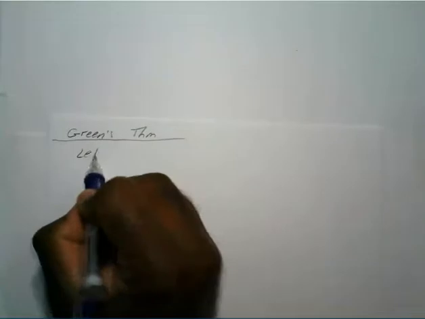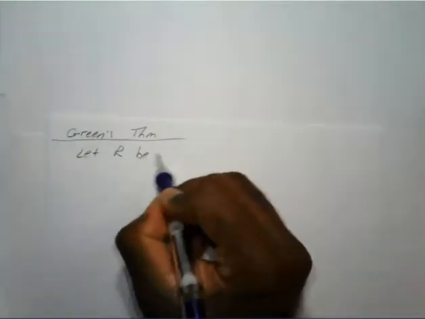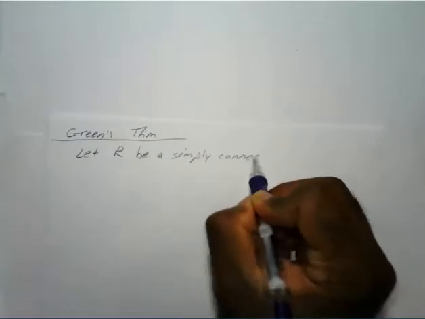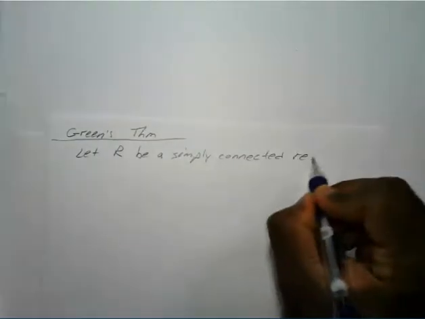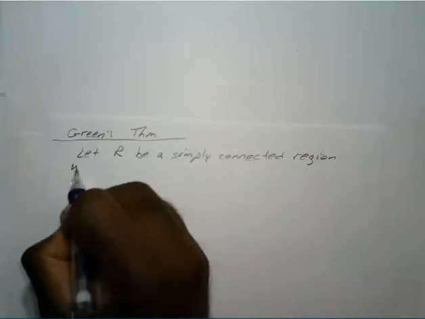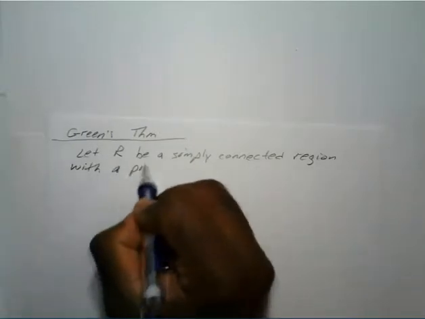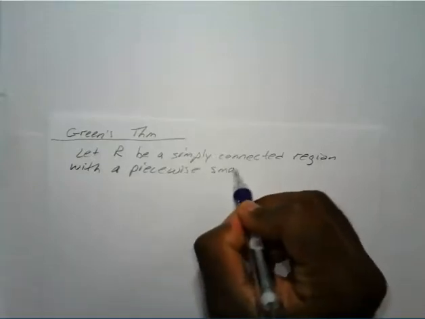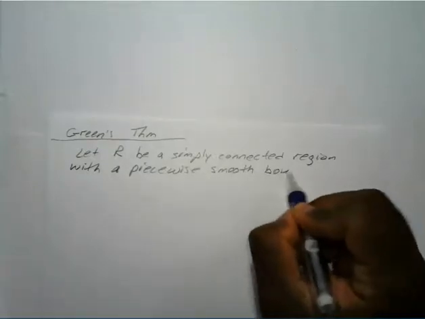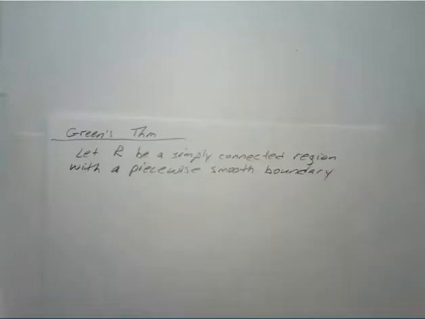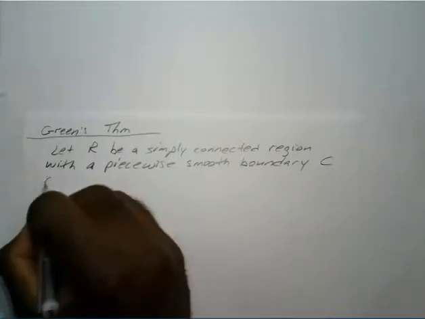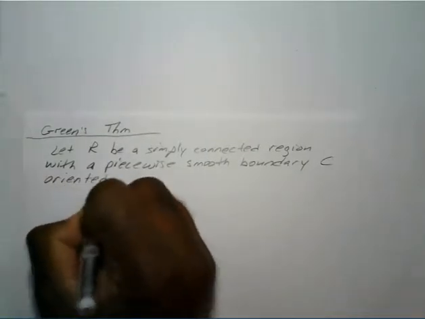Okay, so if we let our region R be a simply connected region with a piecewise smooth boundary, that of course we will call C, oriented counterclockwise.